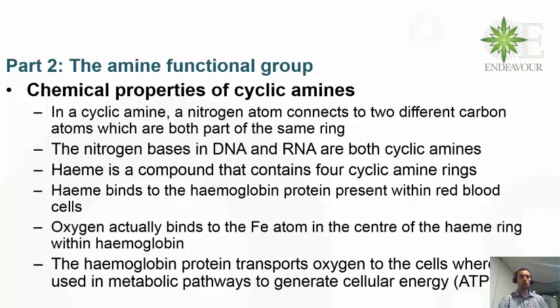We spent a bit of time also looking at heme, which contained 4 of these cyclic amines. It binds to the hemoglobin protein within red blood cells, and it is the heme ring that coordinates the Fe atom which is responsible for binding oxygen and transporting it around the body, which is vital to enable our cells to get enough oxygen to make the energy they need to keep everything going and survive.